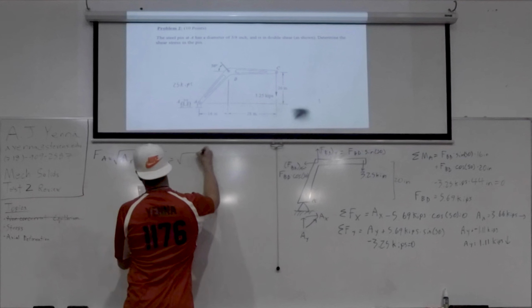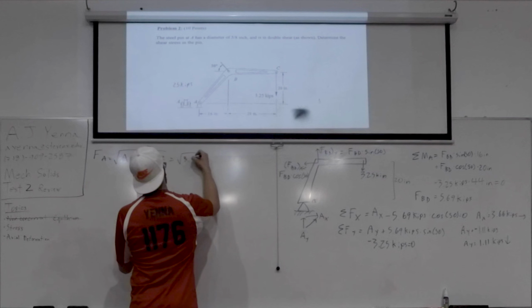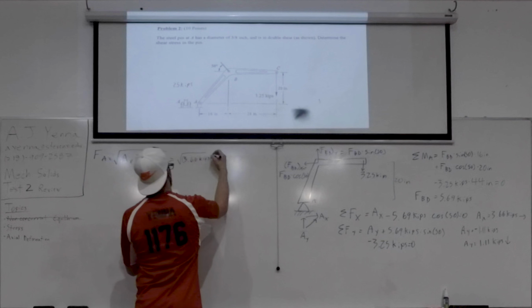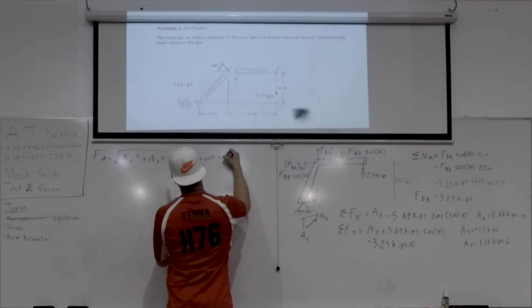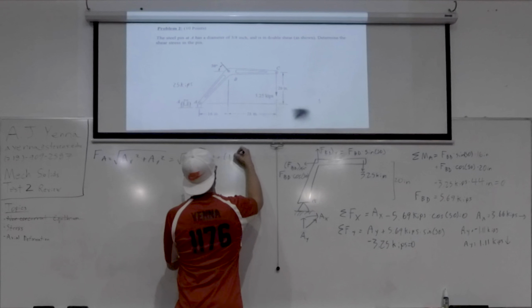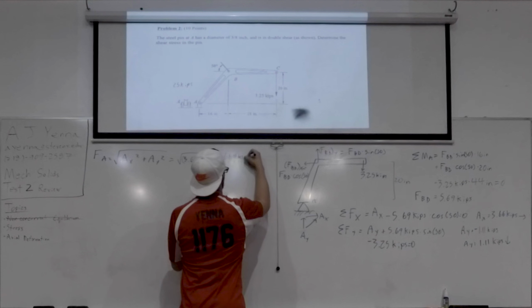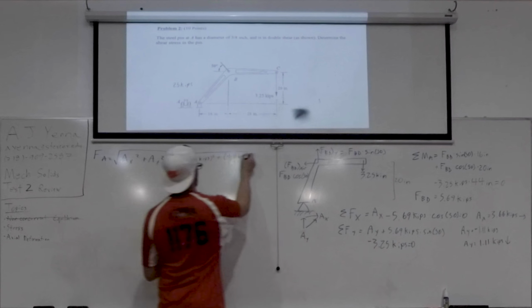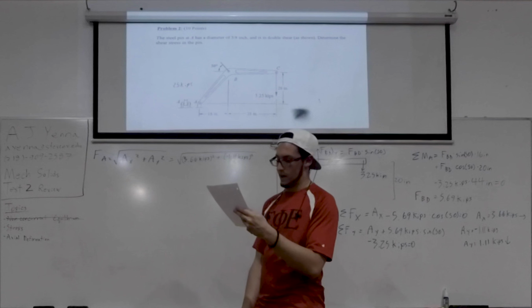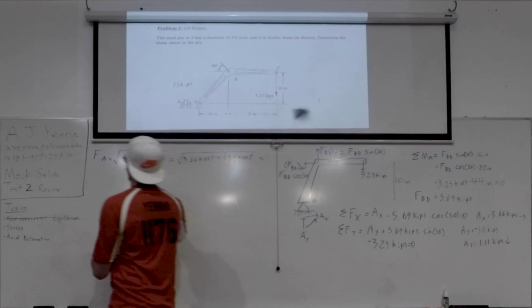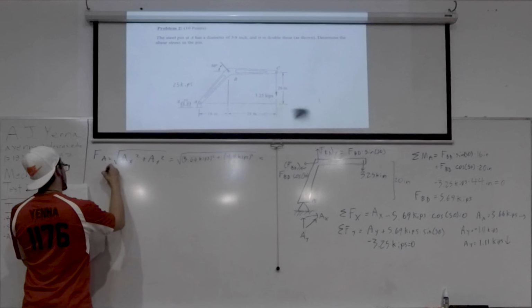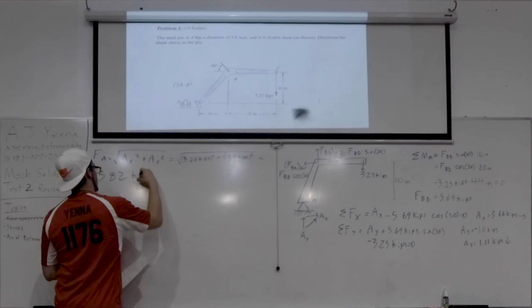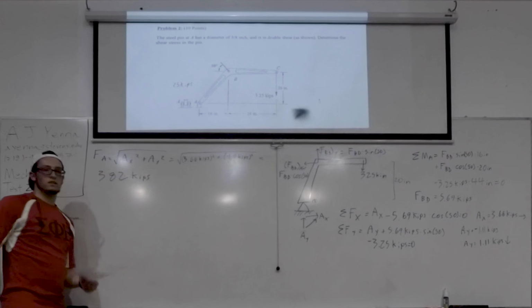So radical 3.66 kips squared plus 1.11 kips squared. I guess technically I could include the negative sign there too, but it gets squared so everything disappears. It's just the magnitude. The force in A is 3.82 kips.